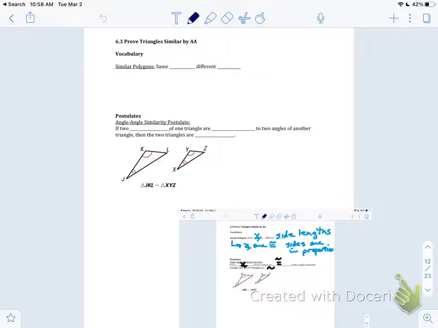Okay, so look, you have one angle, two angles. This is why these are similar.